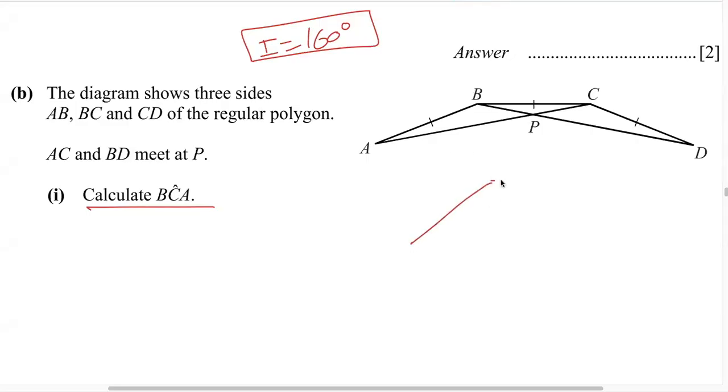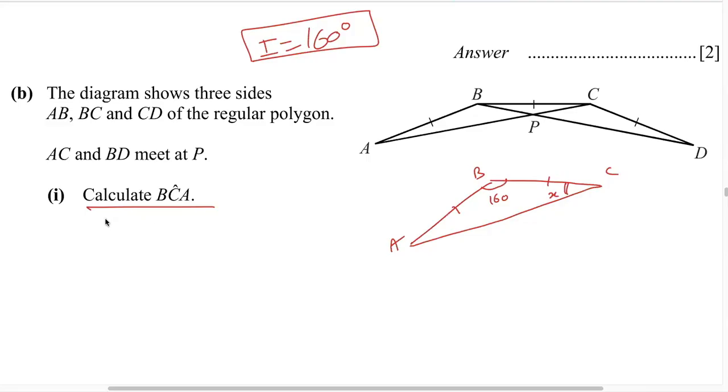If I can just extract out the shape, interior angle is already given, that is 160. AB is equal to BC. This is BC. Oh, okay.